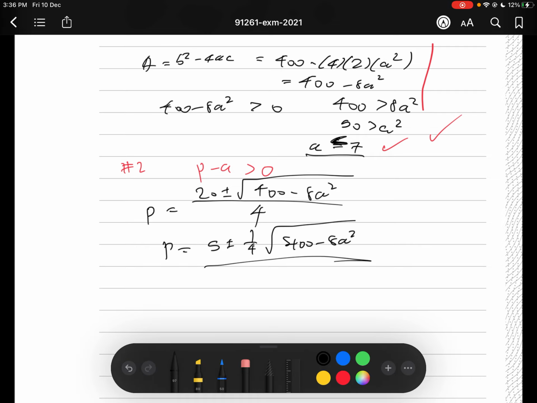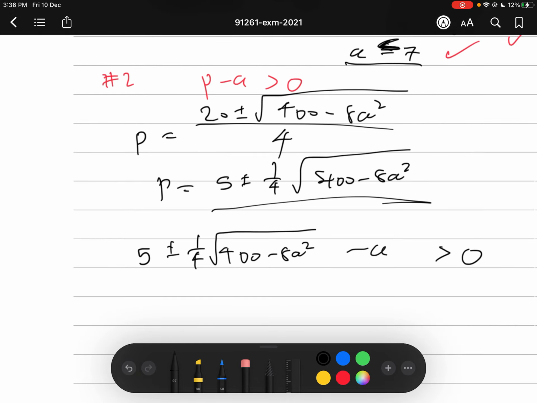So all we need to do is say that 5 plus or minus 1 over 4 root minus a is greater than 0. We know that 400 minus 8a squared is greater than 0 for the real solutions, so we're just going to take the positive value for this root.